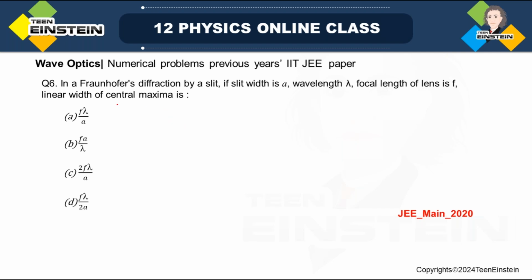So look at the question. In front of a diffraction by a slit, if the slit width is a, wavelength lambda, focal length of the lens is f, linear width of the central maximum.